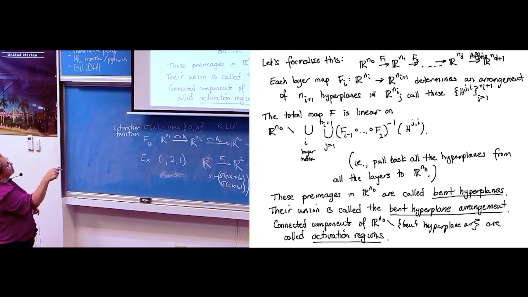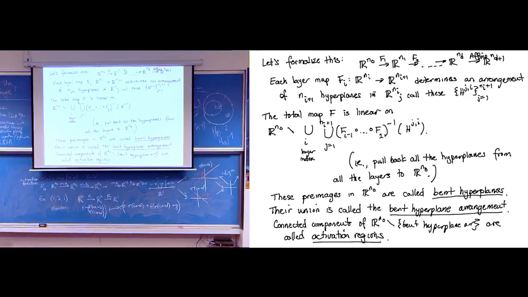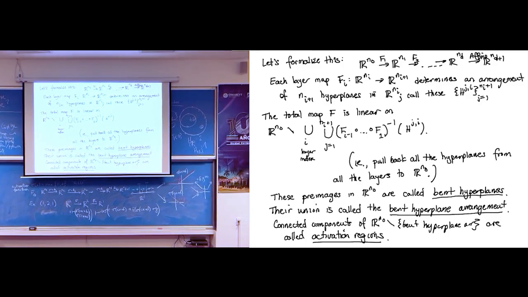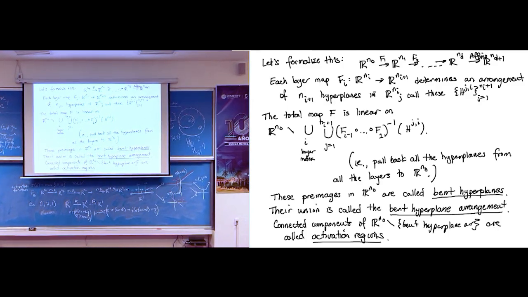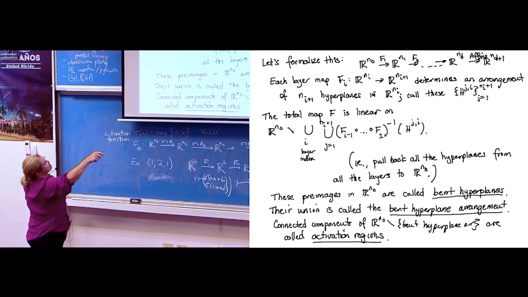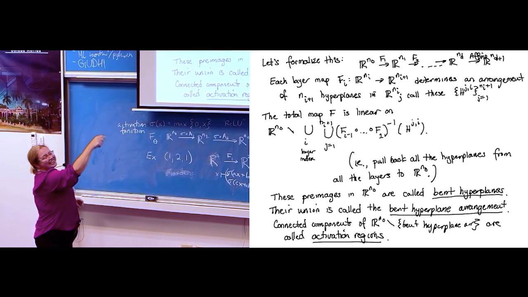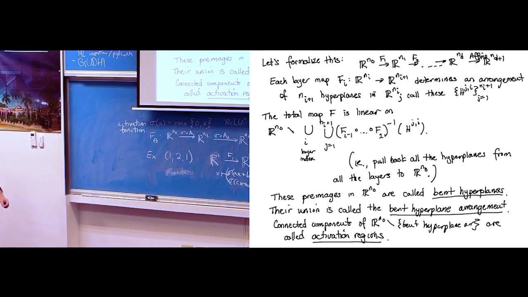So when you do this, you find that the total map F, the whole thing, is linear except on these pre-images of the hyperplanes. And this is just writing it in, as H is the hyperplane associated with the jth coordinate of the ith map. It's just pull everything back to the domain.